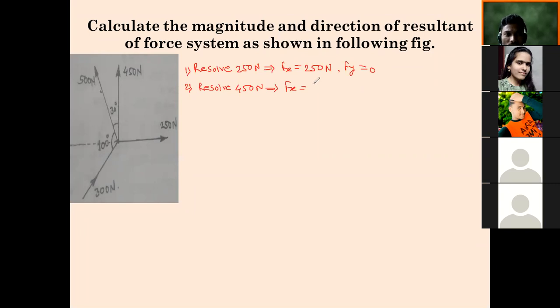This force is vertical, so its x component will be 0. What about its y component? 450 Newton. Is it positive or negative? Positive, because it is going towards the positive y-axis.